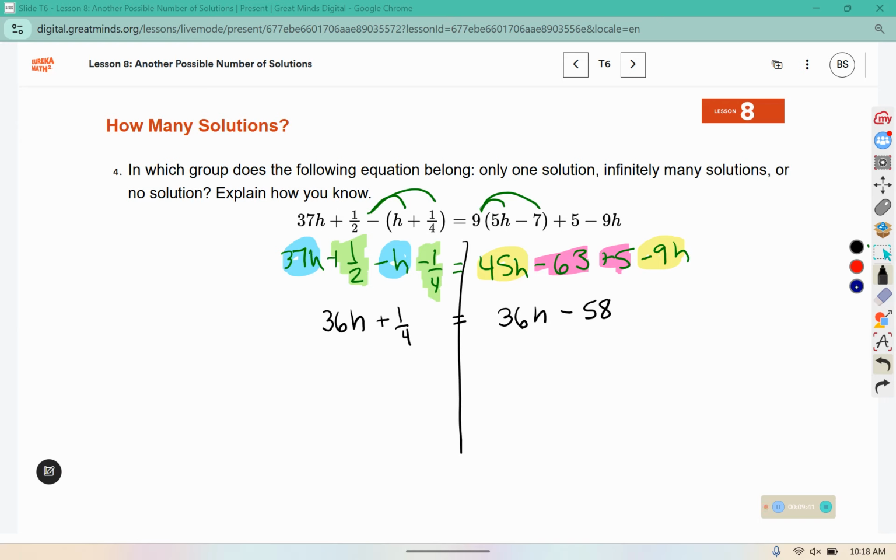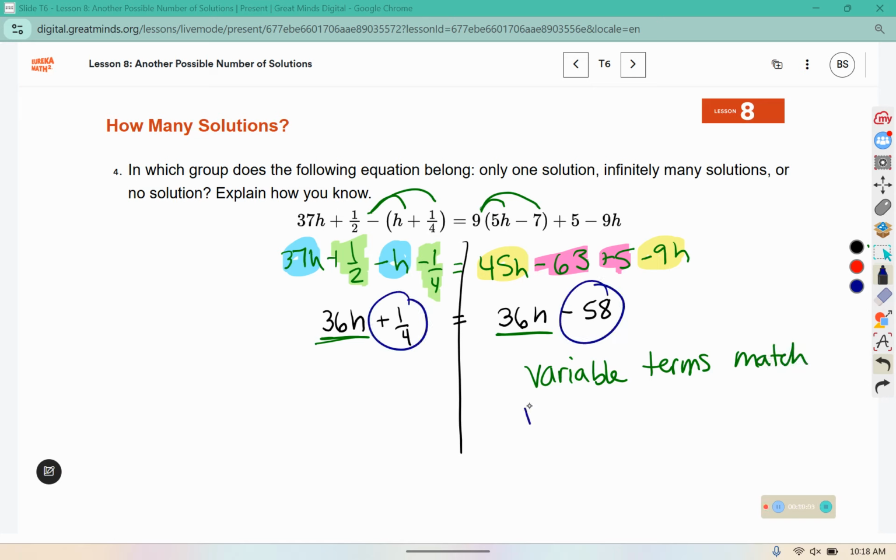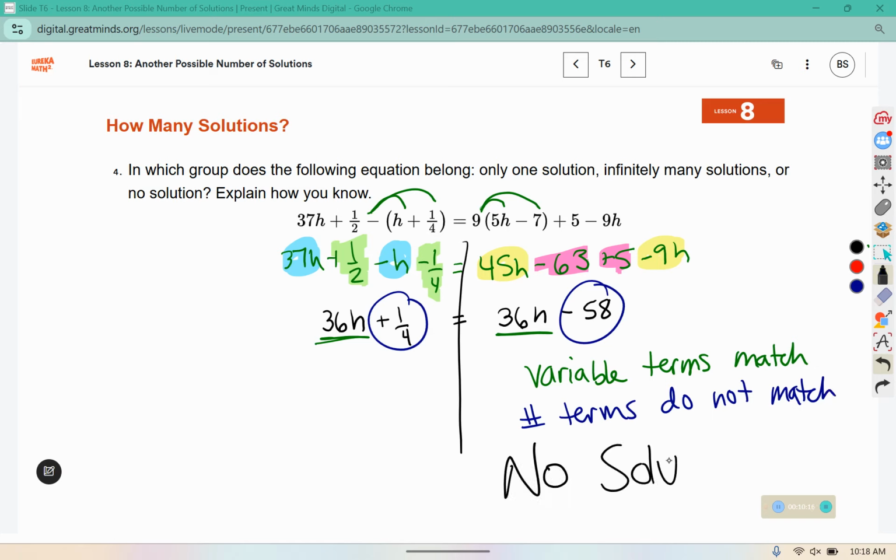So in this one, the variable terms match, but the number pieces do not. So this has no solutions.